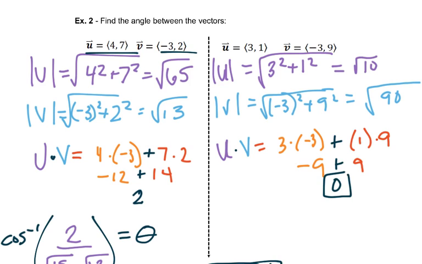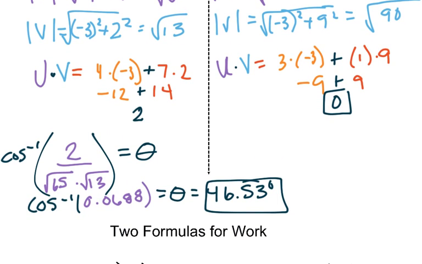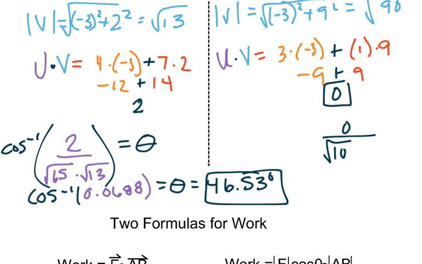So what does that mean? Well, the dot product is 0, and so you literally have a 0 on top over the two pieces being multiplied. So square root of 10 times square root of 90. So it doesn't really matter what's on top, because 0 out of anything is going to be 0.